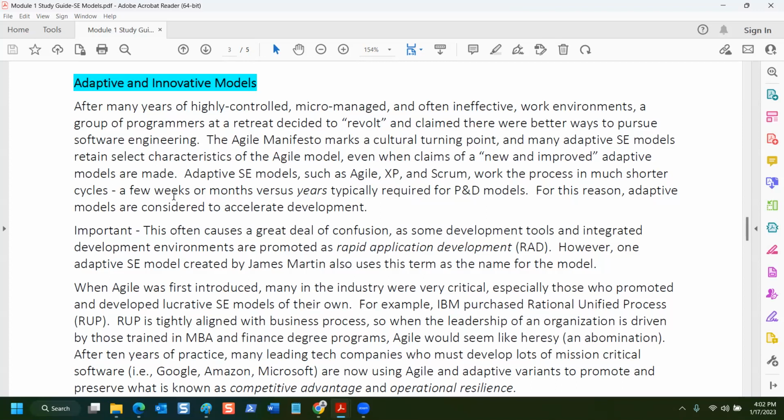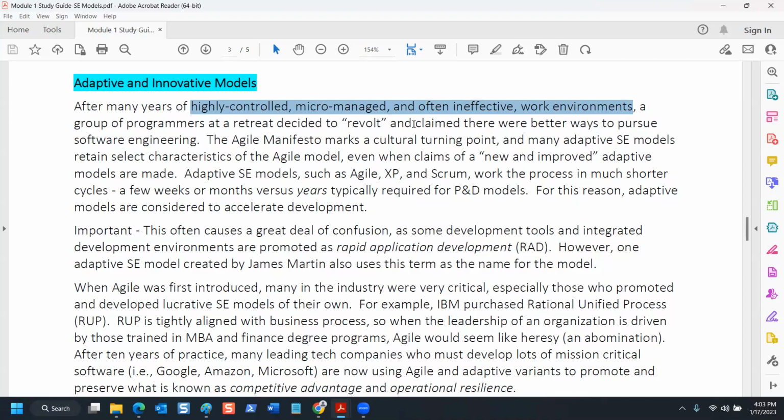See, TikTok, there's a lot of innovative and agile. The term agile means nimble or flexible or adaptable, right? So there was a revolt. A bunch of highly controlled, micromanaged, and ineffective work environments created a huge groundswell among professional developers.